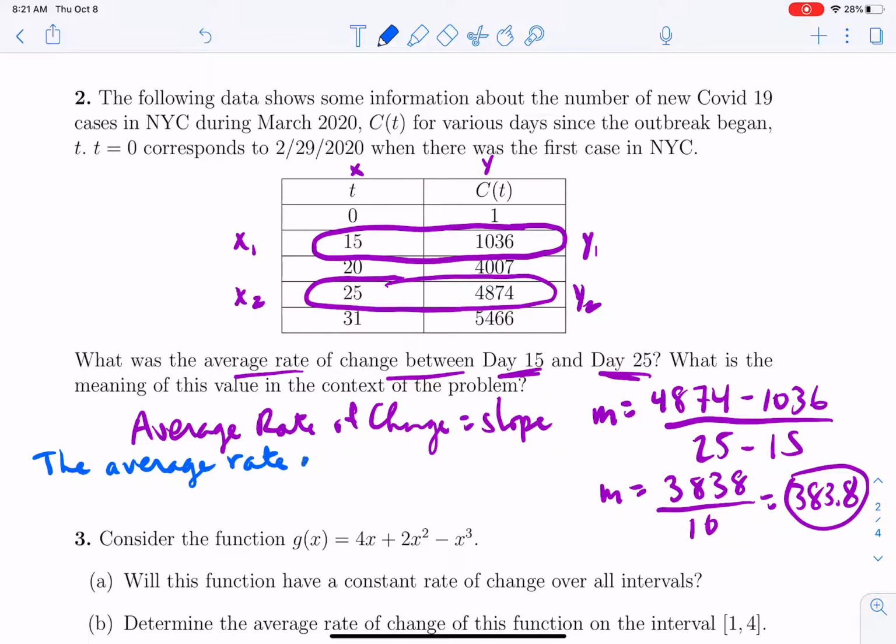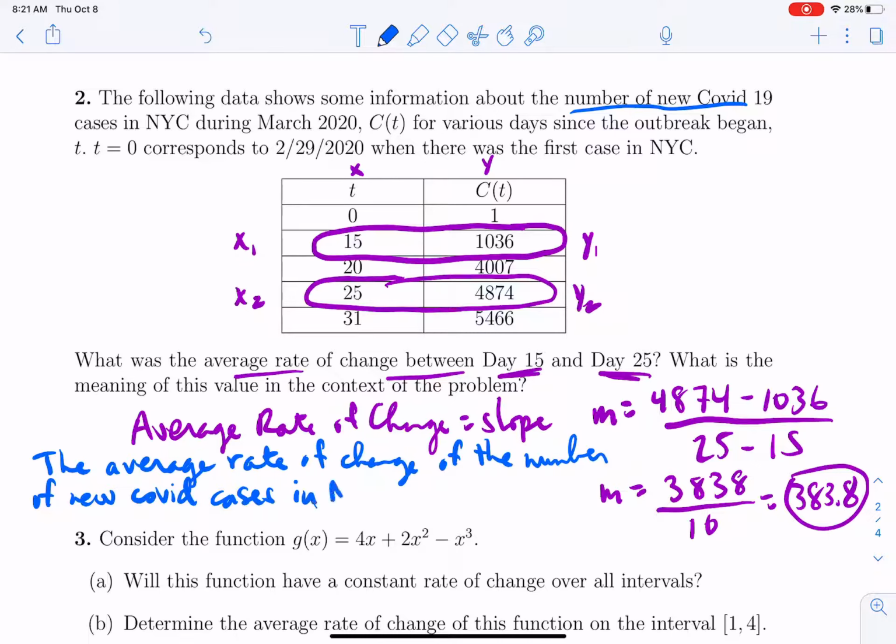So the average rate of change in the number of new COVID cases in New York City between day 15 and 25 was 383.8 cases. All right, so that's what that means in the context of this problem.